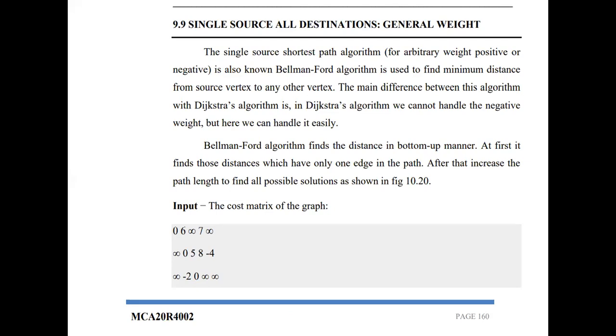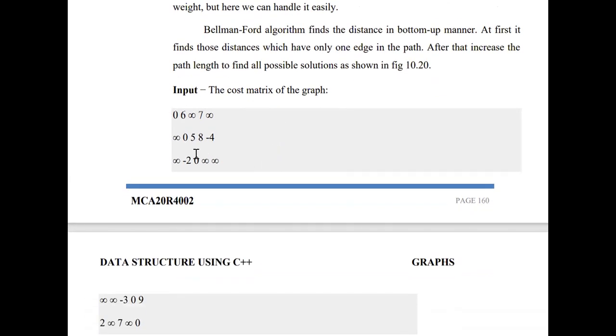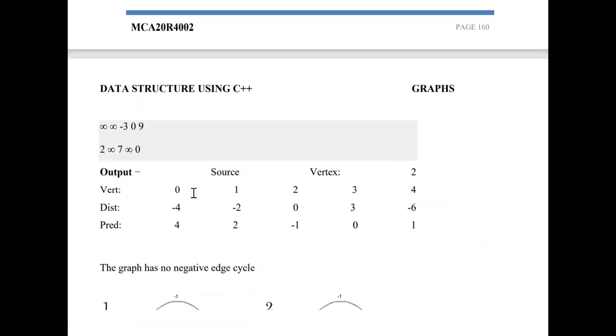Okay, so it finds the distance in a bottom-up manner. First, it finds the distances which have only one edge in the path. After that, it increases the path length to find all possible solutions. The input of the cost matrix is given as an adjacency matrix.